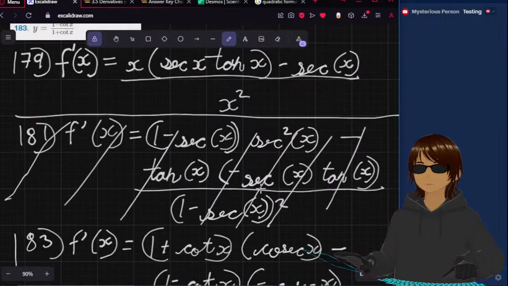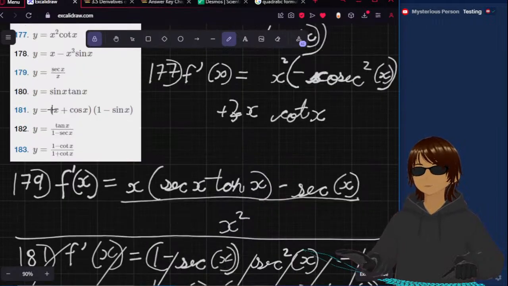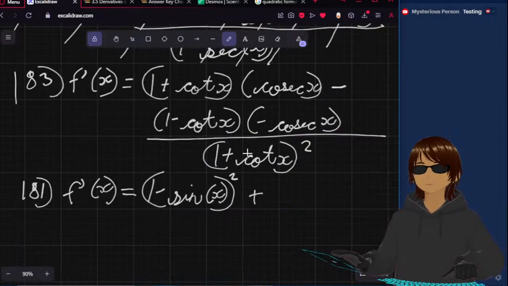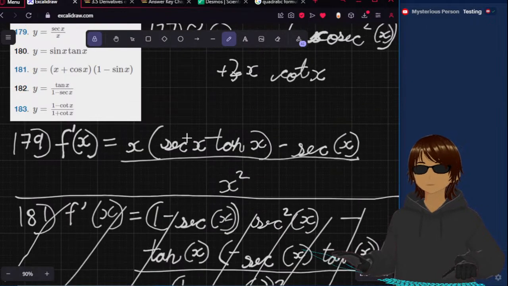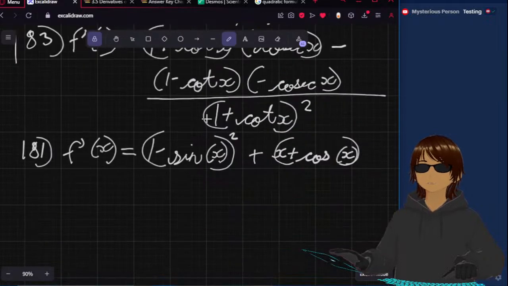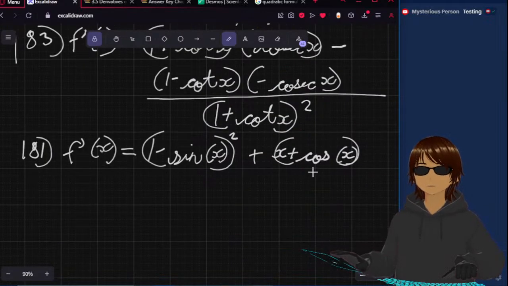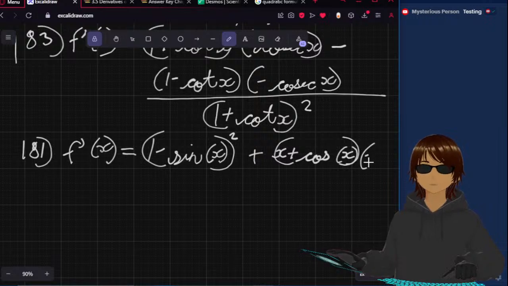Plus the first times the derivative of the second. Derivative of sine x is cos x. This would be minus cos x.